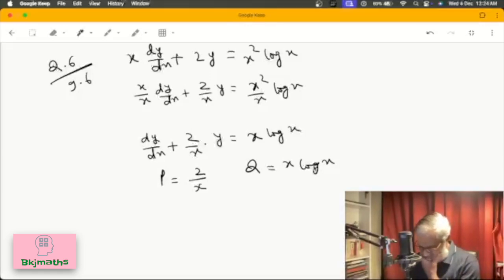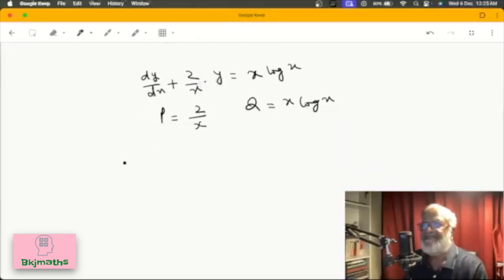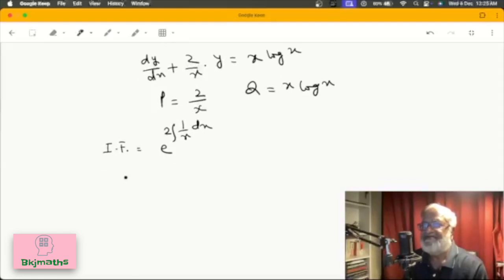Now the next step is find the integration factor. So integration factor is e to the power integral p dx. So integration of 2 is constant, 1 upon x dx. So integration factor is e to the power 2.